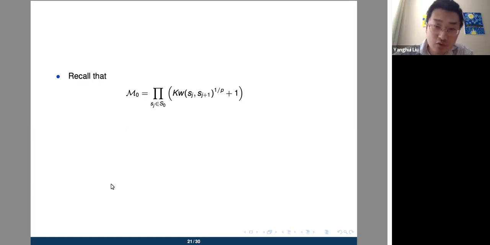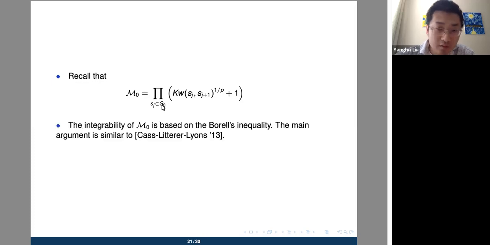Let's recall that M0 is this quantity. It is the product for S_j belonging to S0, which is the median steps. Let me just mention that the integrability is obtained based on the Borell inequality, and the main argument is similar to Cass-Litterer-Lyons' paper.